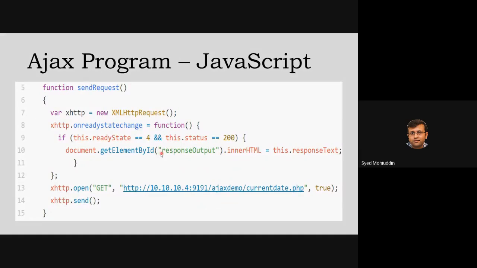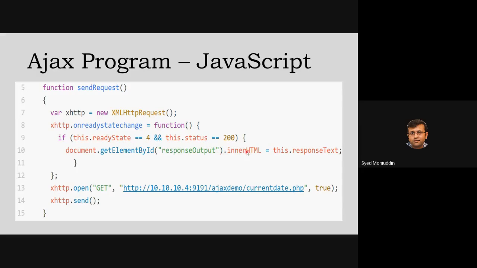So this is how we have to write a complicated program with respect to Ajax. But remember, Ajax will have a function through which we will start the communication. In this function, we will first create an XML HTTP request object, and this object we will use on ready state change. This function will see whether the ready state is 4 or not and the status is 200.